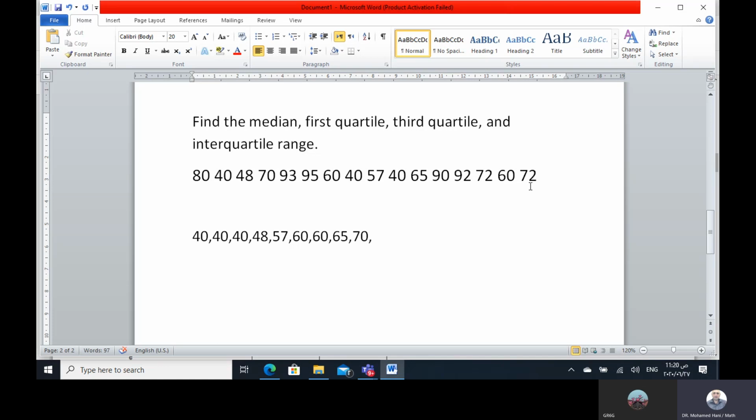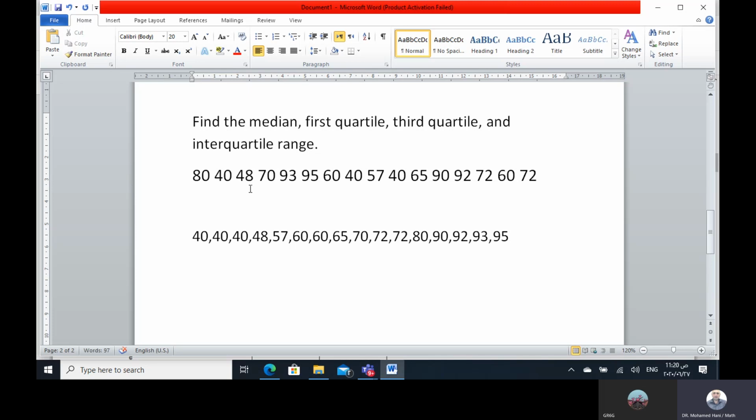Then we have 72 two times. After 72, we have 80. Then we have 90. After 90, we have 92. Then we have 93. Then we have 95.